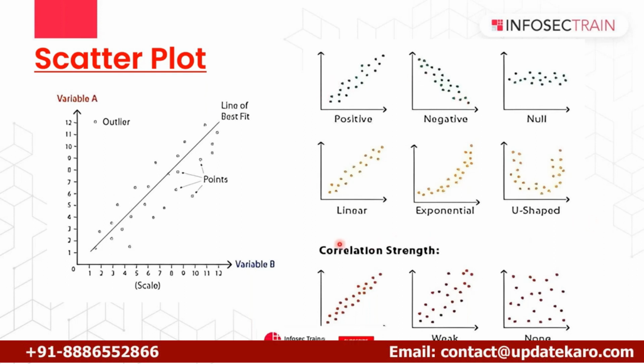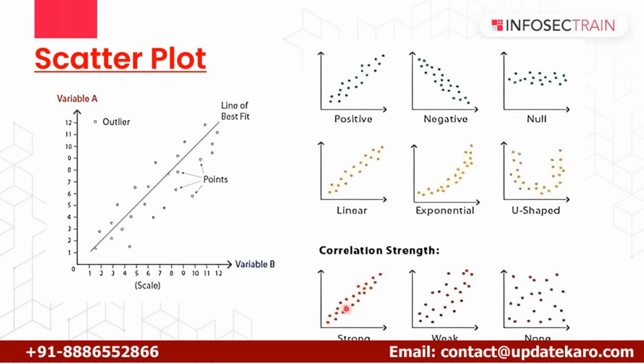Now, how can you measure the strength of the correlation? Here, the pattern of your data points is in a straight line. You can also see that these data points are very much concentrated, very close to each other.